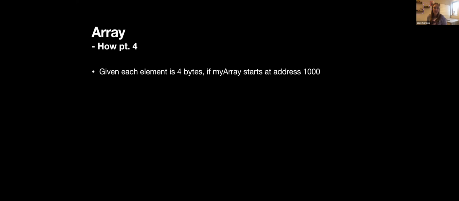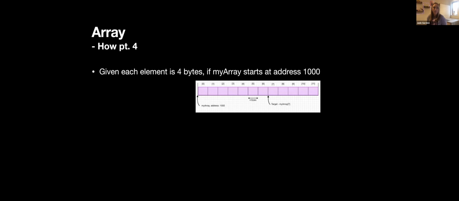what we're doing for this example, say each element is 4 bytes. If my array starts at an address of 1,000, I've just used a random number here. I'm not going to bother with hex addresses and so on. If you could go on to the next bit. So this example shows my array starts at the address 1,000. Each element is 4 bytes in size, and we want to target the 7th index.